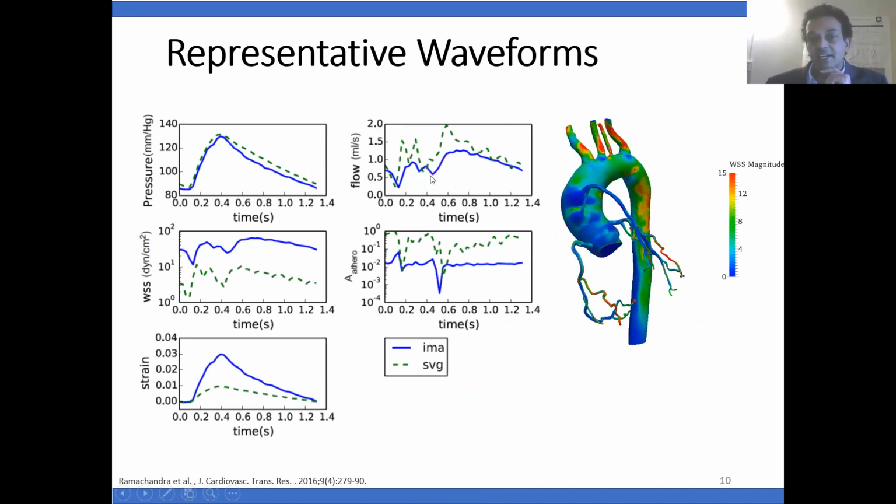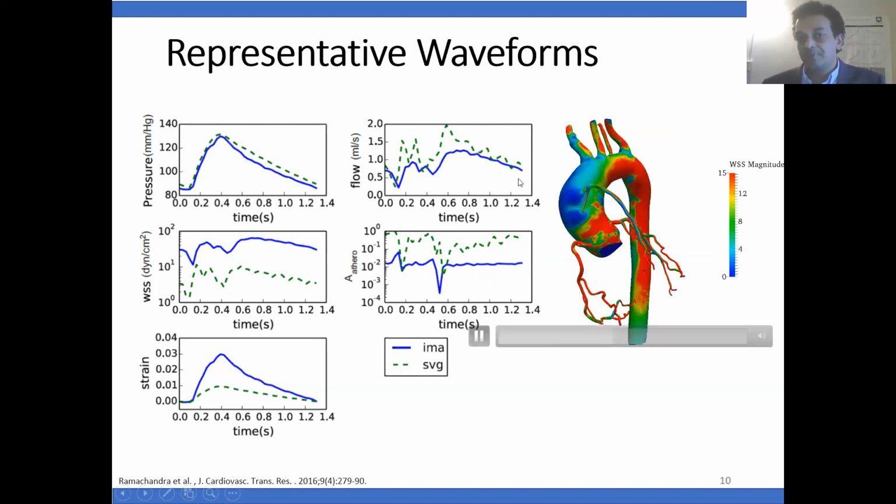One of the details I did not go over earlier was that your coronary circulation is typically out of sync with your systemic circulation, in the sense that when your systemic arteries are getting perfused, which is typically at this peak systole at 0.4 seconds, you see that the coronary flow is low during that phase. And it's only during diastole, when the rest of the body is not getting perfused, that the coronary system gets the majority of its flow.